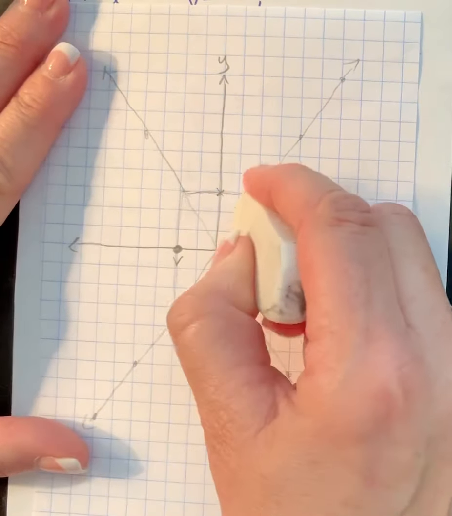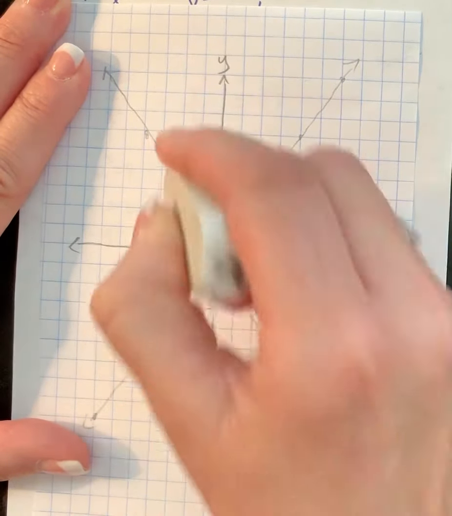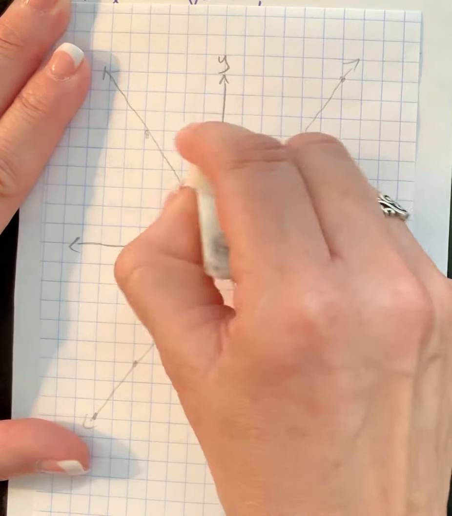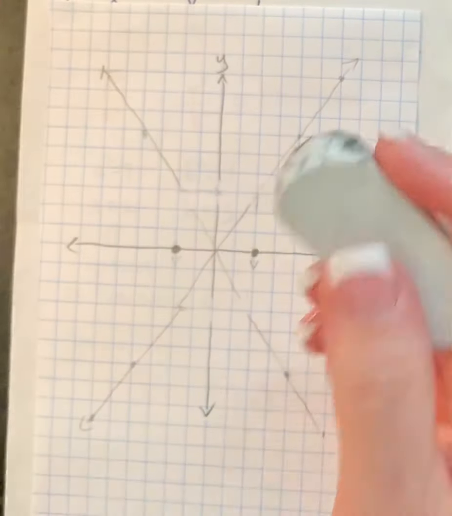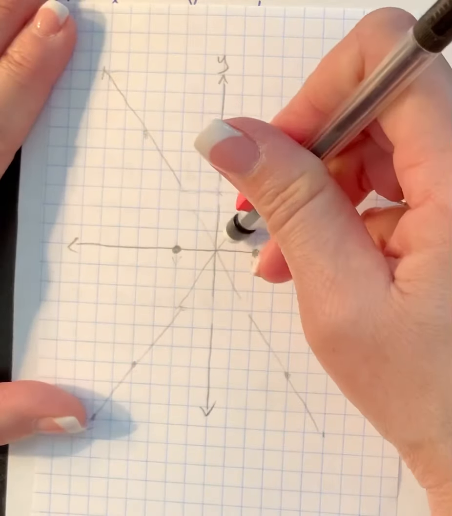You don't need the rectangle. And even the asymptotes are not technically points of the graph, so those are dashed lines.